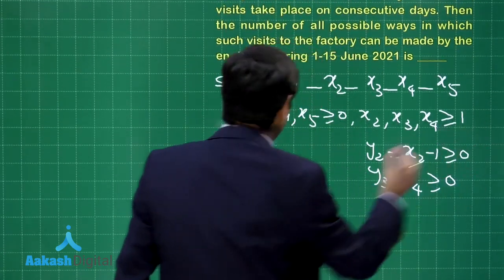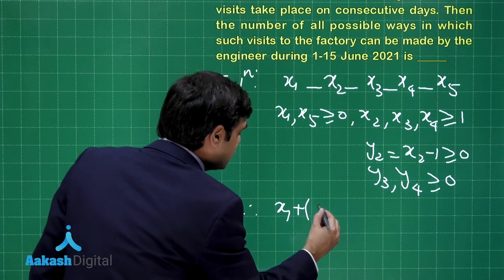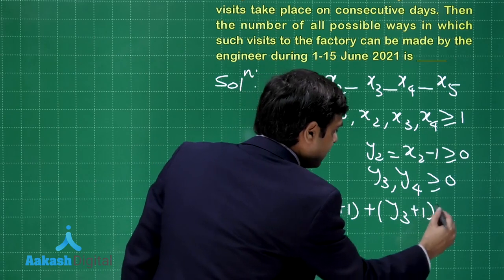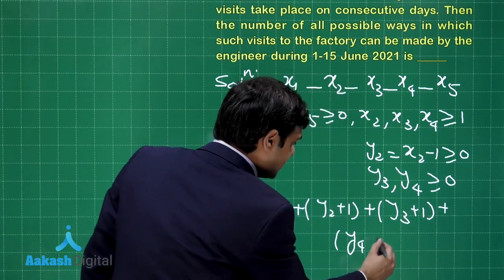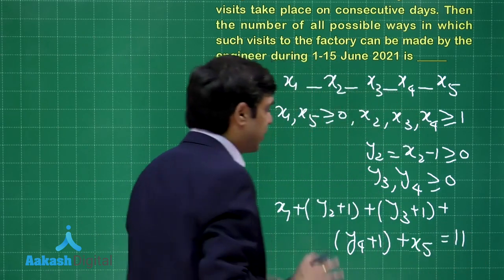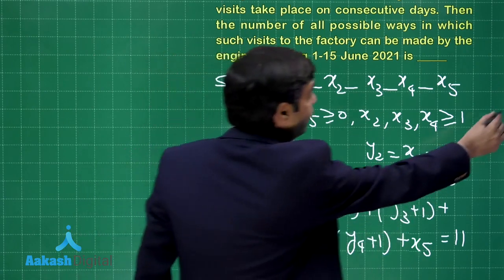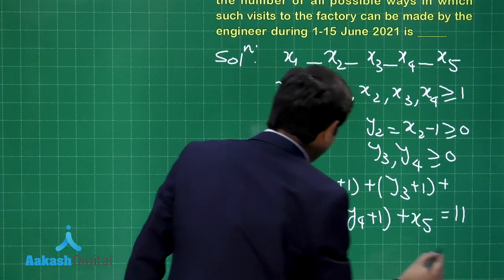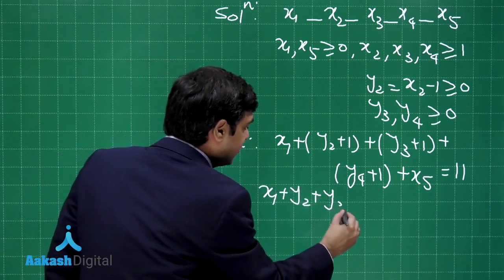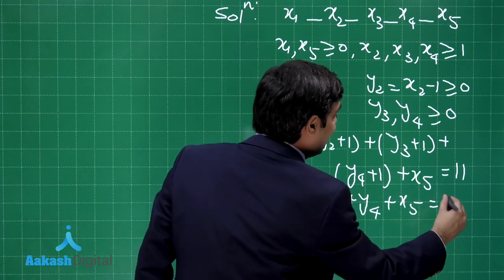When you replace back, you are getting the equation X1 plus (Y2 plus 1) plus (Y3 plus 1) plus (Y4 plus 1) plus X5 is equal to 11, because there were 15 days and on 4 days he is visiting. Correct? Now, what are we getting here? We are getting X1 plus Y2 plus Y3 plus Y4 plus X5 is equal to 8.